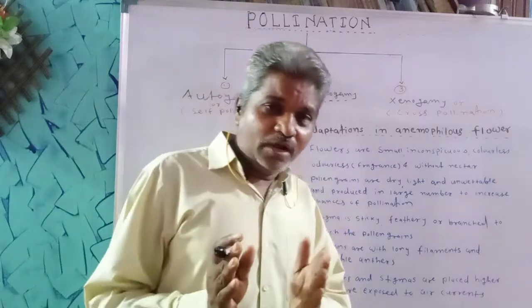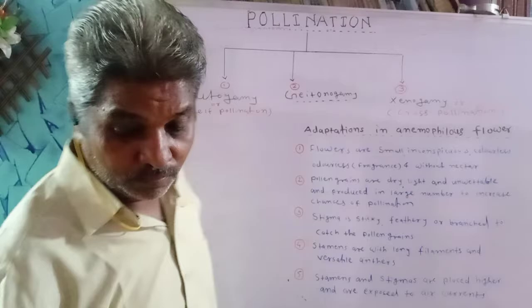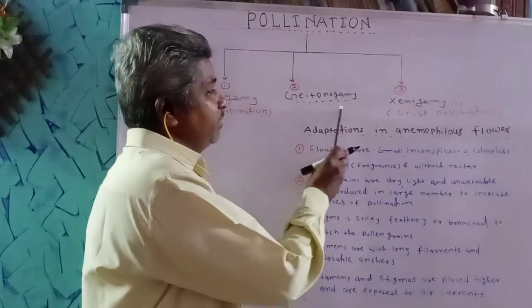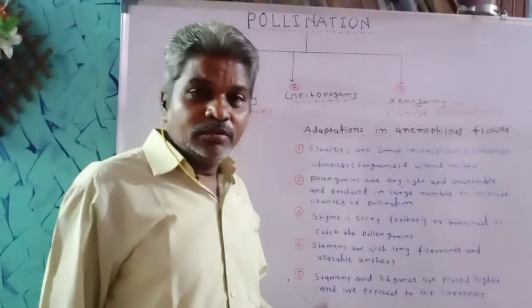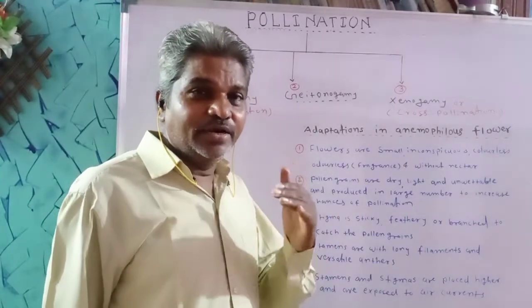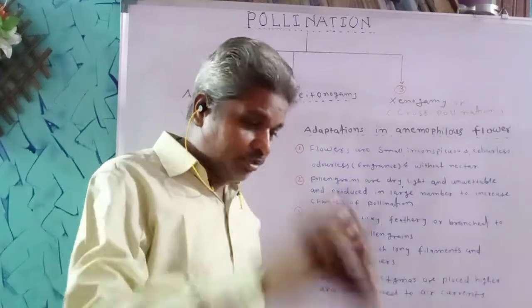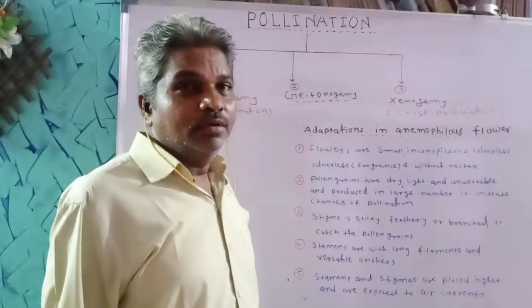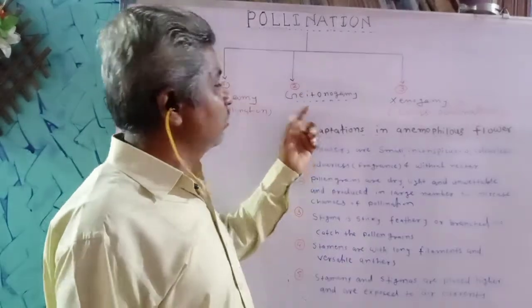Geitonogamy is the process of pollination where the pollen grains are carried or transferred from anther to the stigma of another flower born on the same plant.